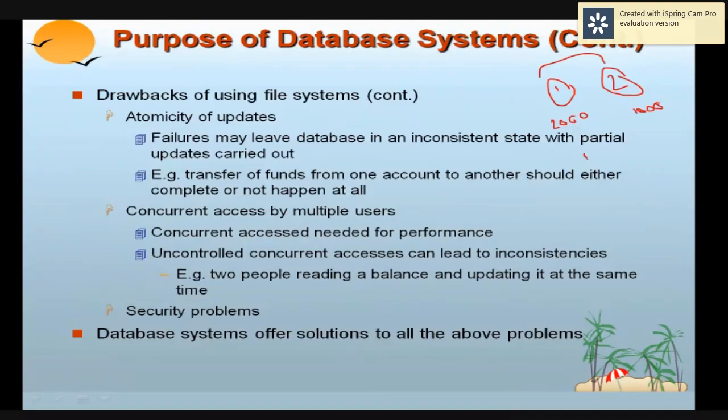In file system, I may have to write code for first deducting the amount of 1000 rupees from account number 1. That is the first step. And the second step is about transferring the amount of this 1000 rupees into the second account.